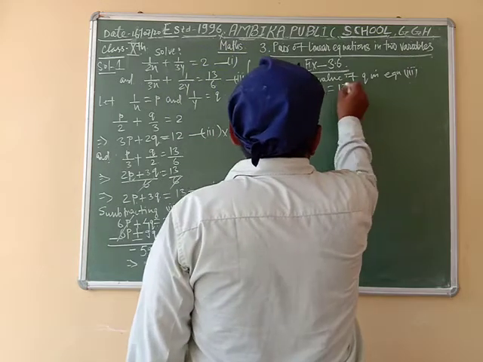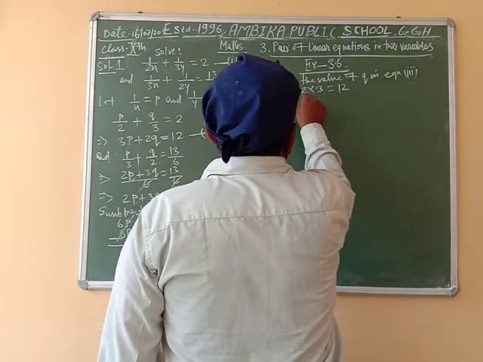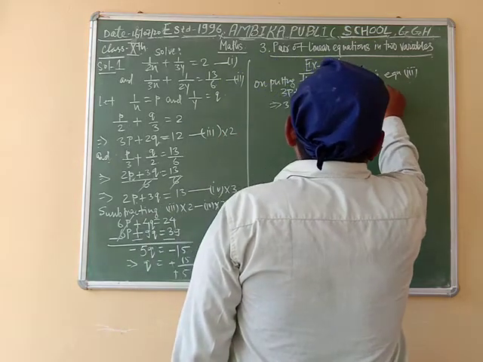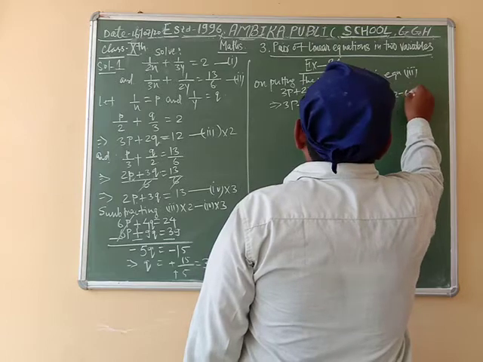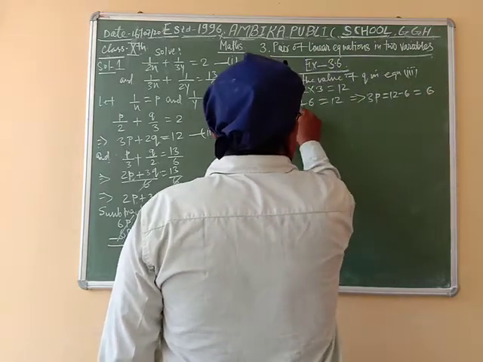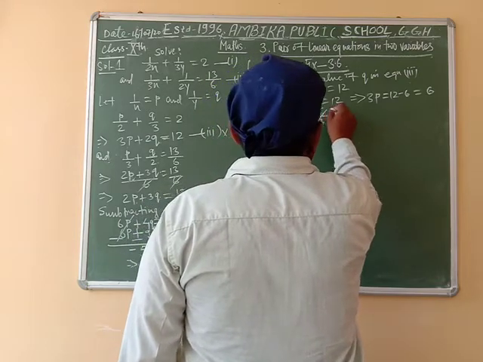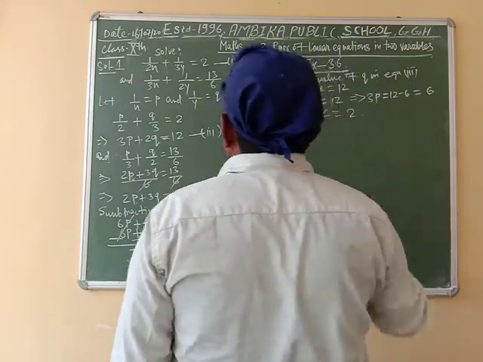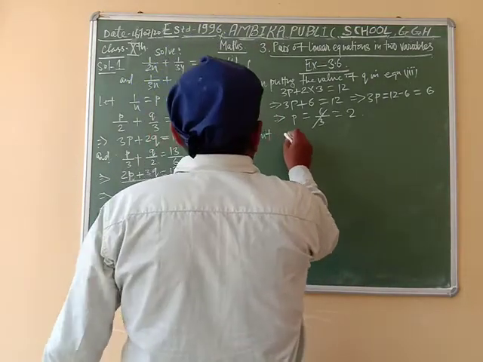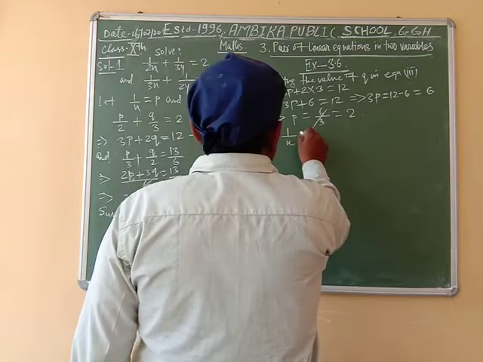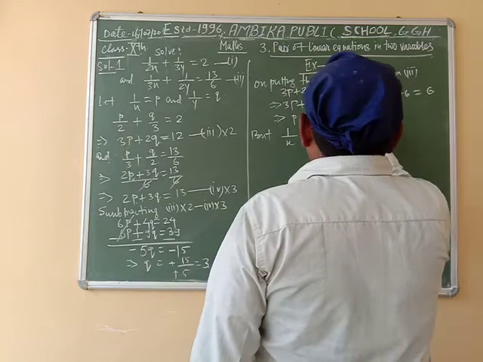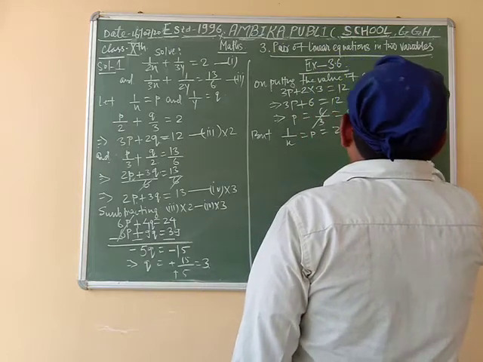Yes, 3p plus 6 is equal to 12, so 3p is equal to 12 minus 6, which is 6, so p is equal to 6 by 3 is equal to 2. But 1 by x is equal to p is equal to 2, so x is equal to 1 by 2.